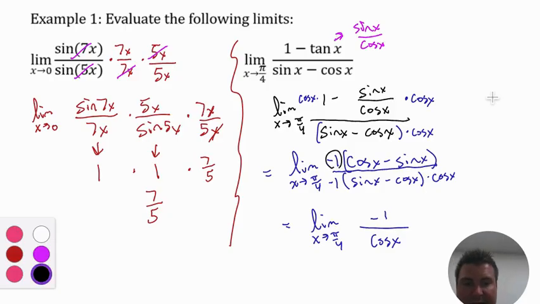That's going to flip the signs of the sine and the cosine. So that's why that cancels out, leaving with a -1. On the bottom, I'll just throw it up top, just make it easier. I can now plug in my pi over 4, -1 over cosine of pi over 4, which hopefully you know is the same thing as negative secant of pi over 4, which is actually negative root 2.